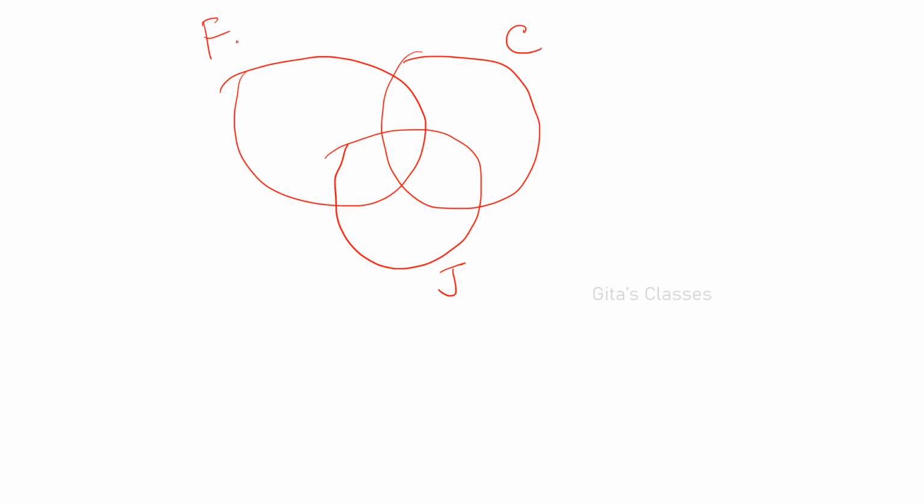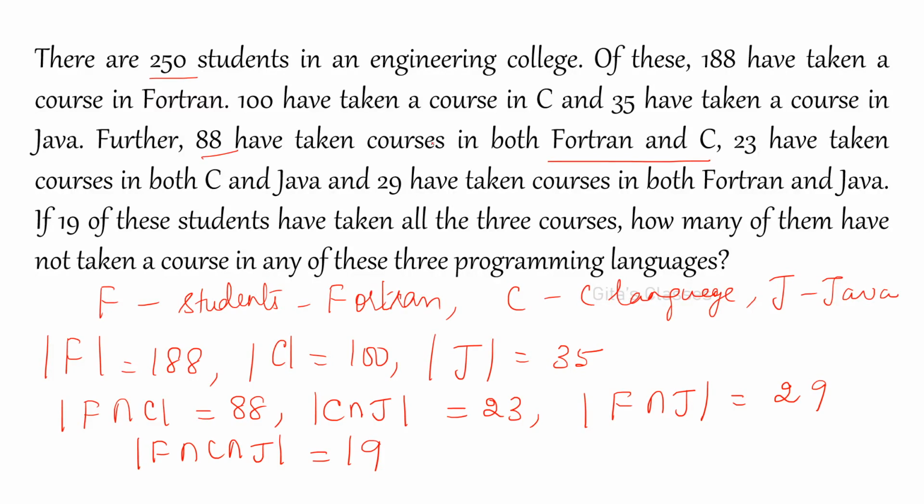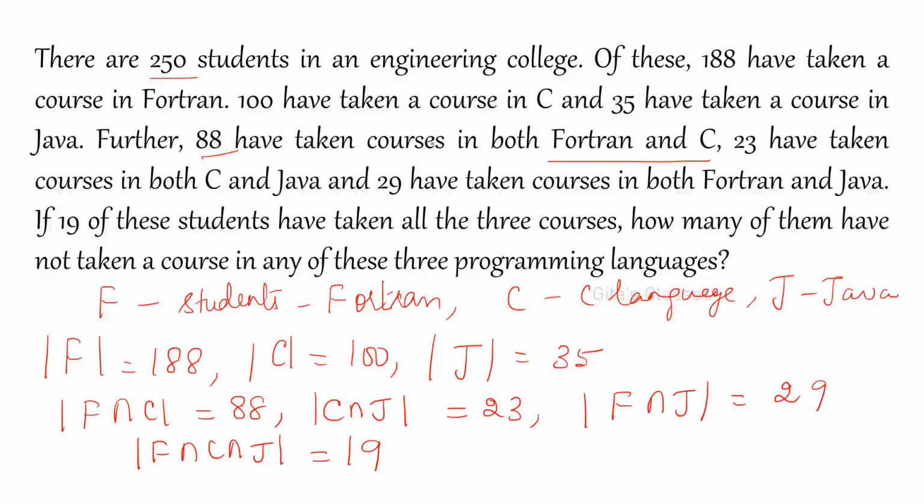How many of them have registered for all the 3 courses? This will represent all the 3 courses. So 19 students have registered for all the 3 courses. Next you go with 2, then 3.